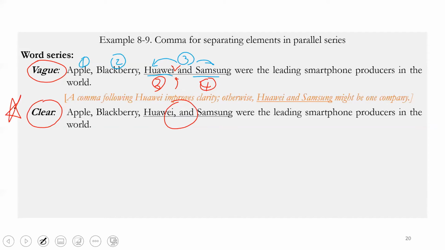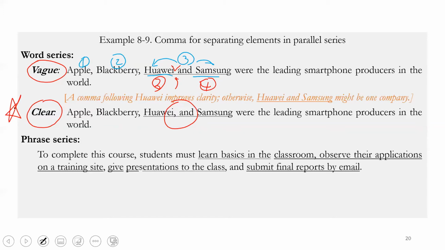This is already easy. Sometimes you have longer elements, for example, phrases. To complete this course, students must, okay, now I'm going to list: 1, learn something, 2nd, observe, 3rd, give a presentation, 4, okay.